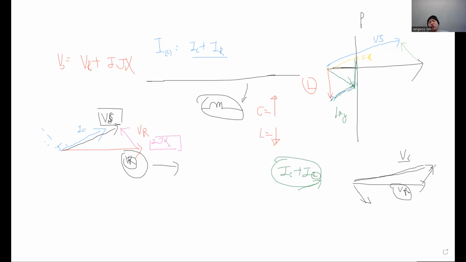This is the general situation. We don't like the Ferranti effect. So that's why at nighttime, we add more reactors to absorb the reactive power from the line. We don't want the receiving voltage to be higher than the sending voltage.